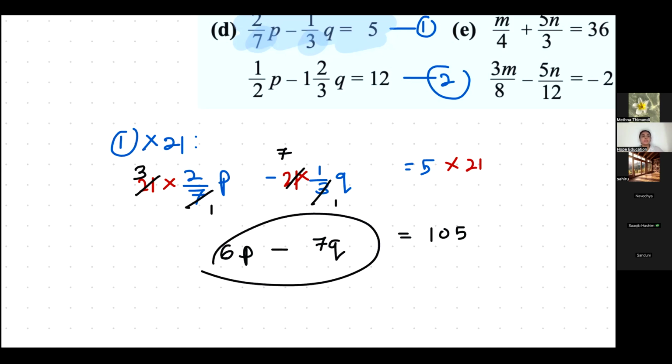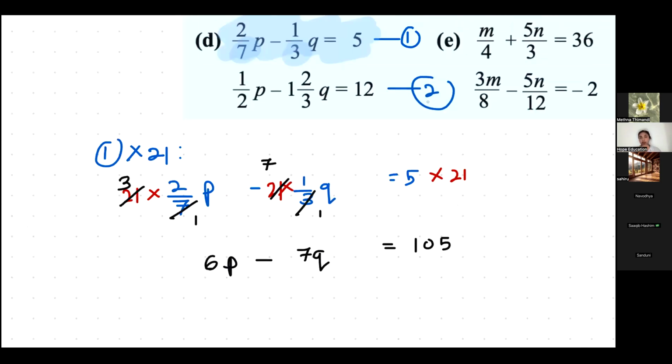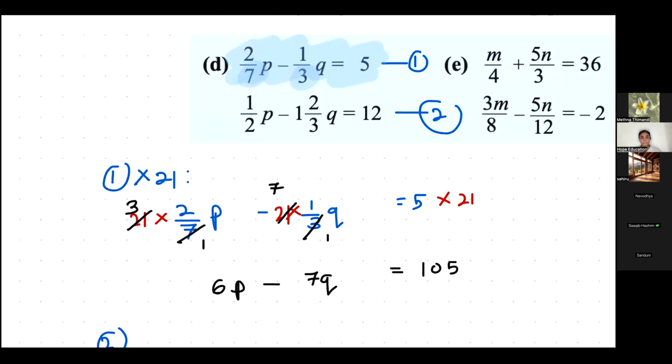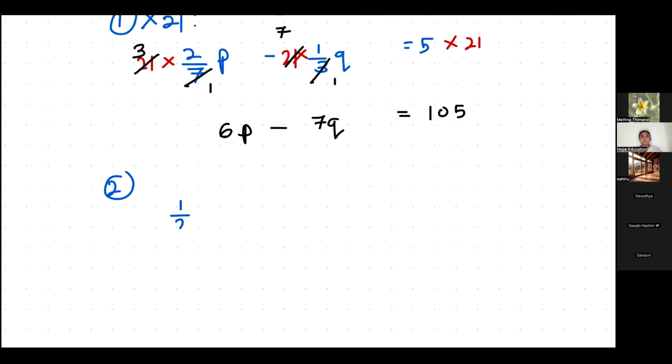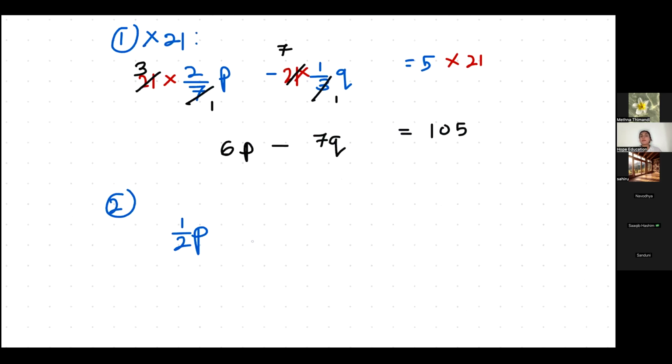All right. So we're going to do the same to equation number 2, right? So equation number 2, we have 1 over 2p minus, here we have a mixed number.